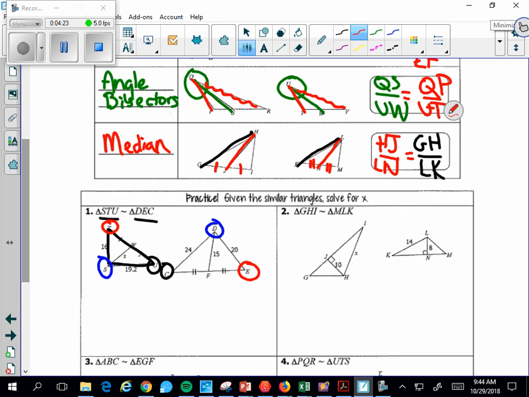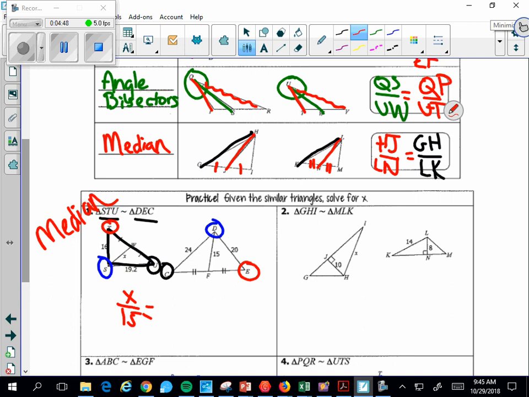So what we've got here is a median. That's your best bet to start by saying, okay, what do I actually have? I have a median there. And we set up there that the way I'm setting up the proportion, my medians in one ratio are equal to the same ratio of the corresponding sides between the two triangles.